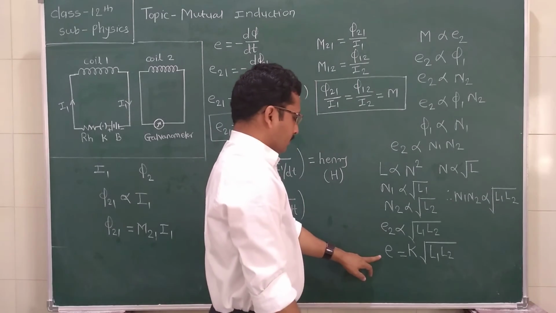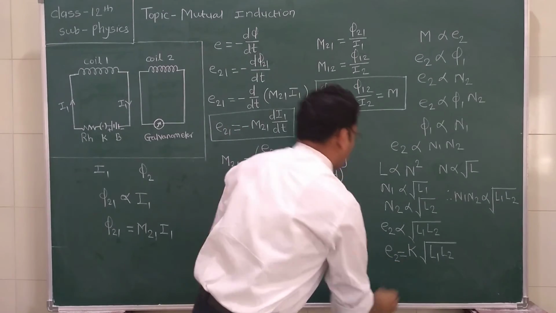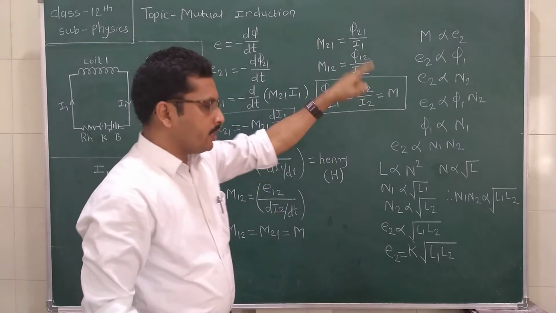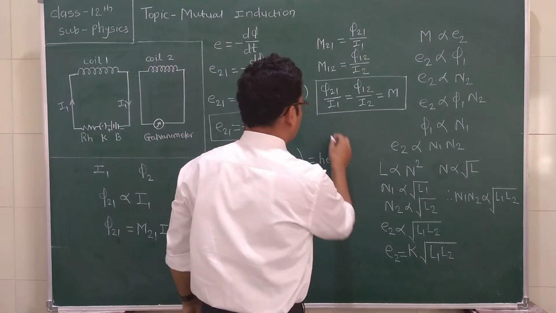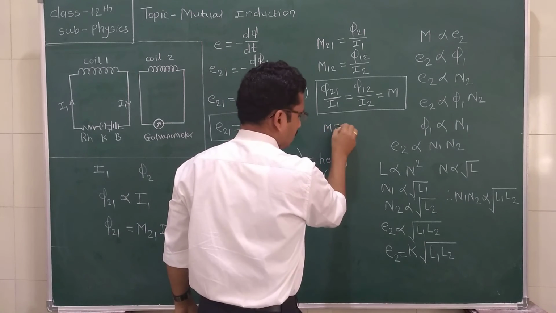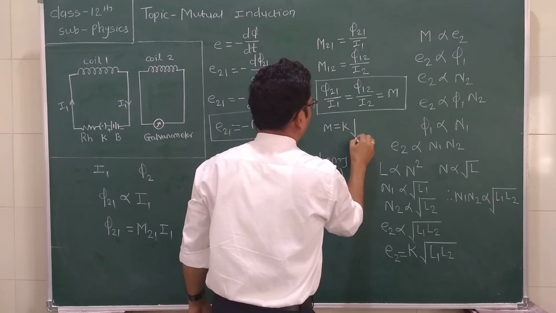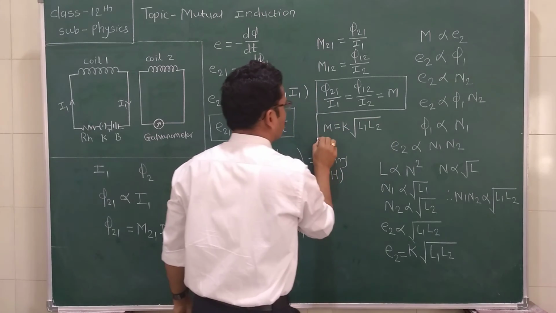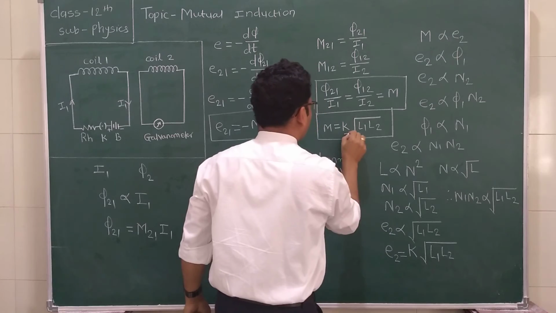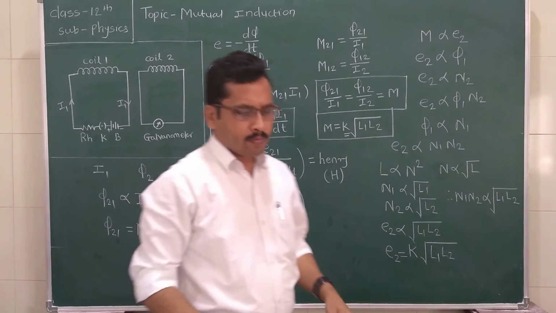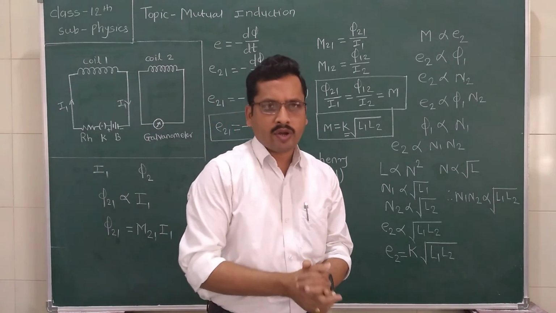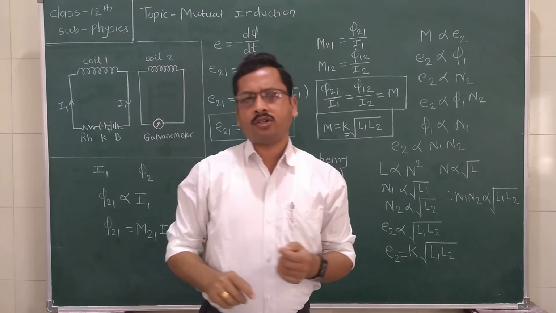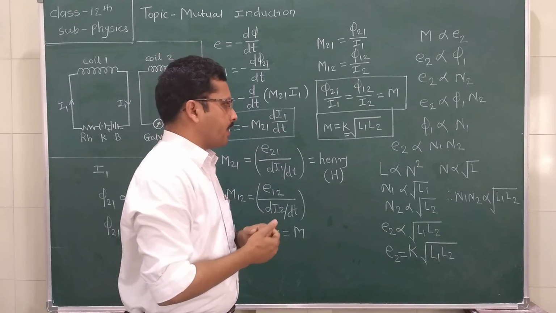Now this EMF E2 can be replaced with the mutual induction, so we can write M is equal to k into under root L1 multiplied by L2. Here k is called the coefficient of coupling between the two coils, coil first and coil second.